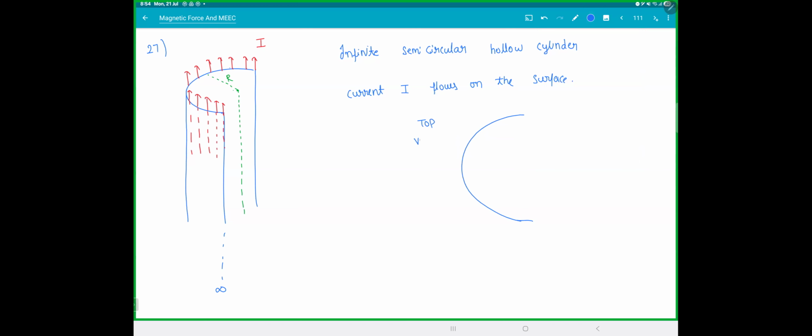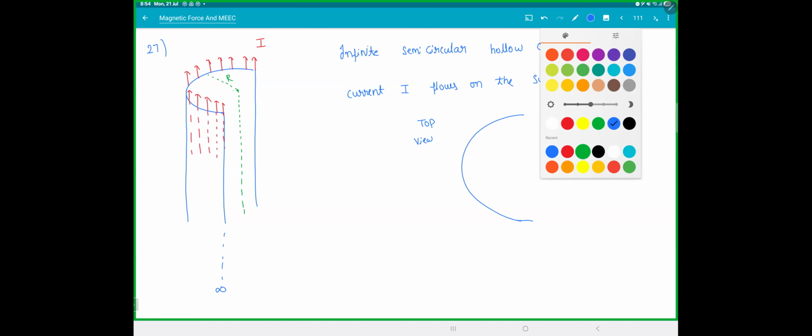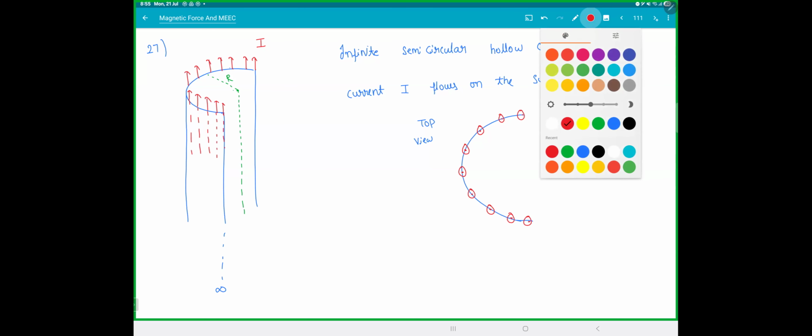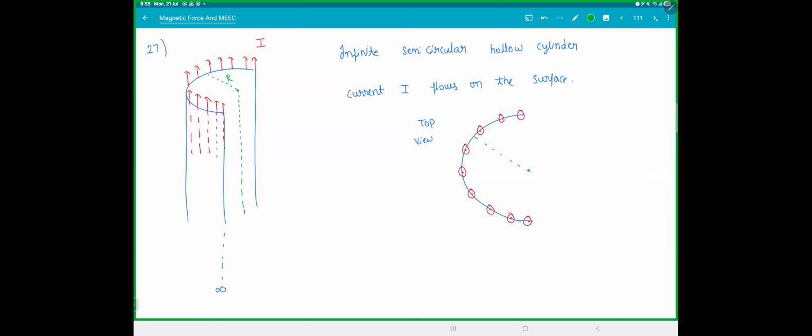Find the magnetic field on the axis. It's a half hollow cylinder.